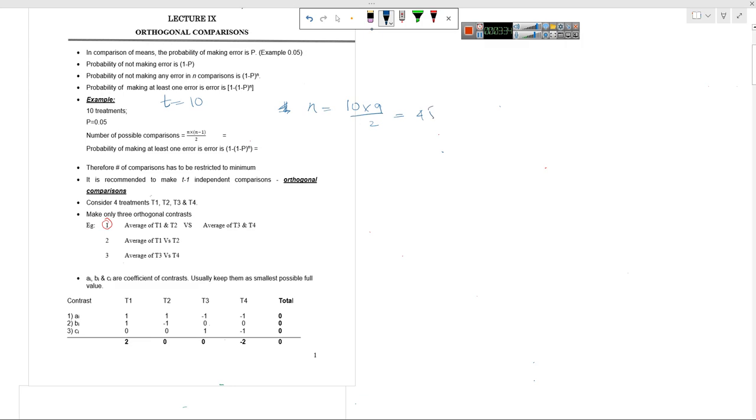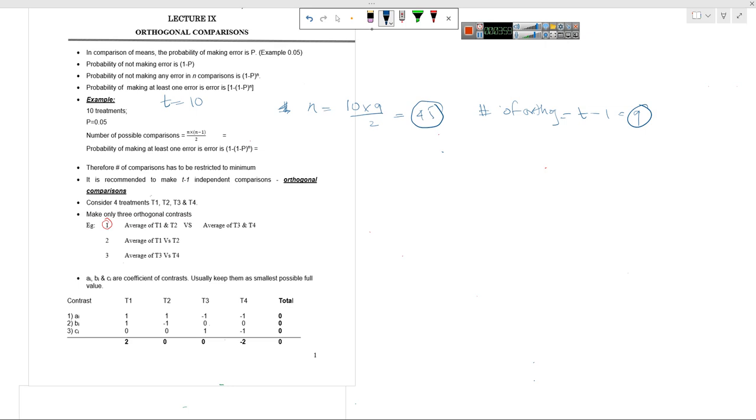So 45 possible comparisons can be performed. The number of orthogonal comparisons will be equal to t minus 1, that is 9. So out of these 45 comparisons, only 9 will be orthogonal. We will see later what orthogonal comparisons are.